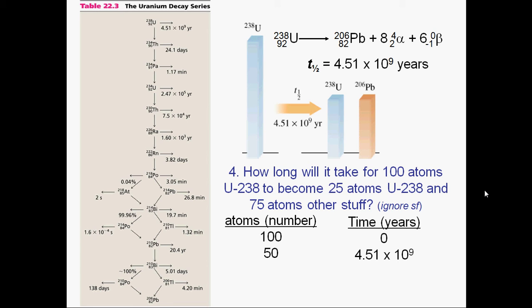Now, if our ultimate goal is to get to 25 atoms, that means we need to divide in half again. That means we need another half-life to go by, which is 9.02 times 10 to the 9th years. So we know that it's going to take 2 half-lives, or 9 billion years, for our 100 atoms of uranium-238 to decay down to just 25 atoms of uranium-238.